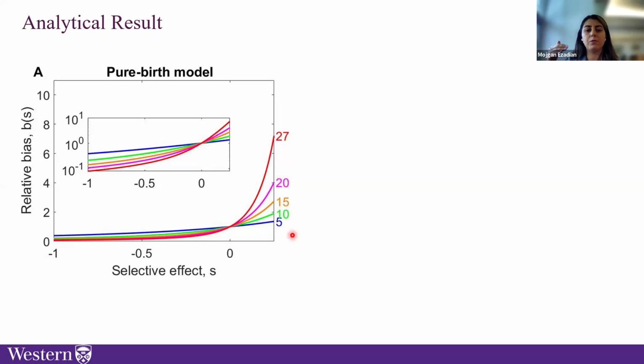By increasing the number of generations, the relative bias for the beneficial part is increasing. These represent the same data on a semi-log plot, and these are for the deleterious part. By increasing the number of generations, the deleterious is decreasing. So this is for the pure birth model, the deterministic model.